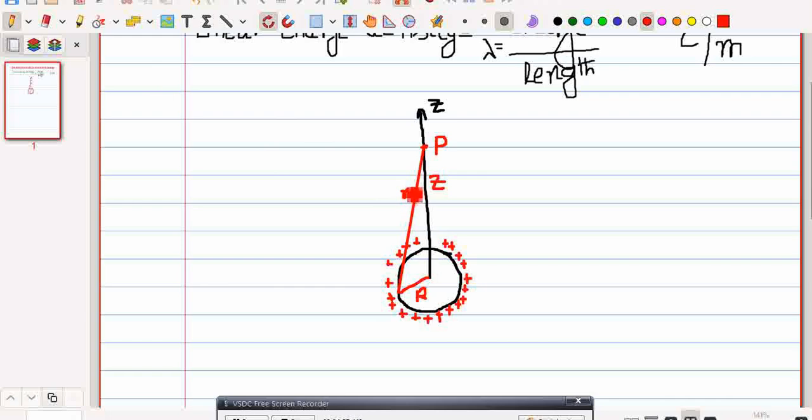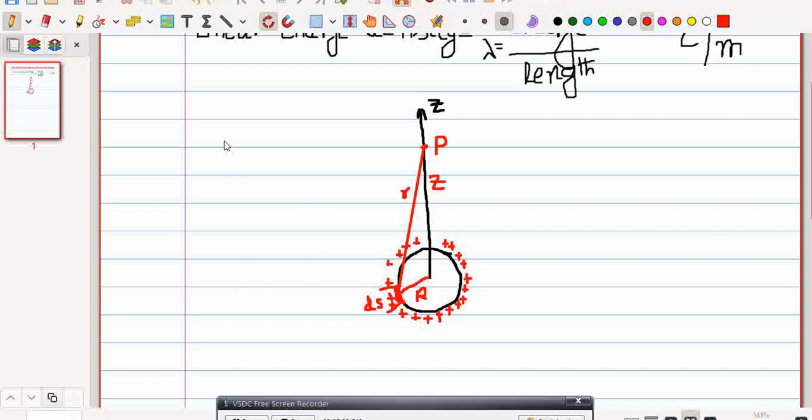This distance is r, and we consider a very small length element here. The length of this element is ds, and the charge distributed on this small element is dq.